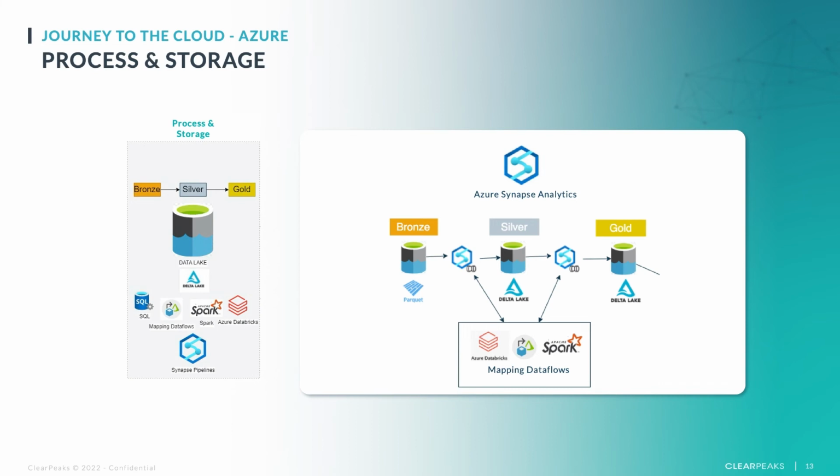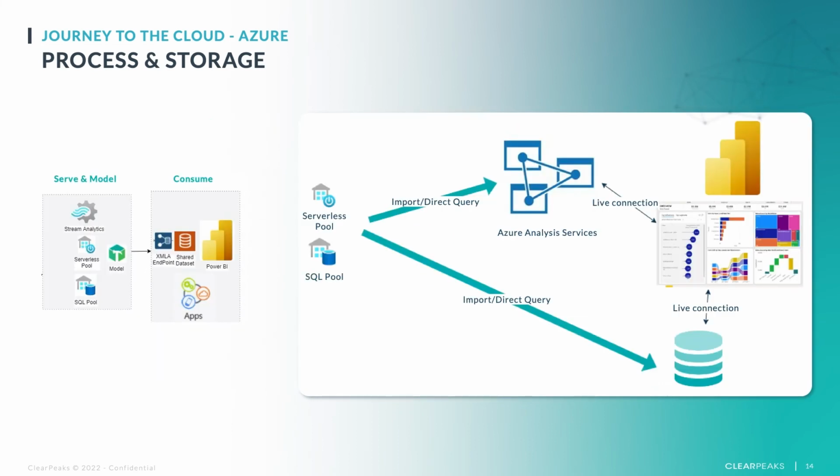Once we have this gold layer, we need to serve a model and put this into Power BI. So Power BI will be the front end, the business intelligence side where we are going to deploy. We have several options. We are not going to enter into technical details because there are lots of things to talk about.